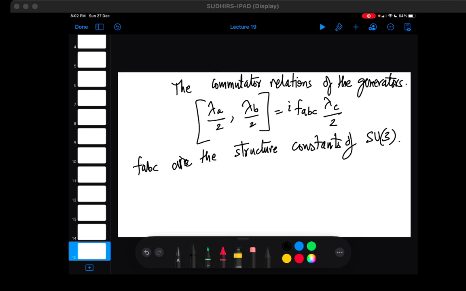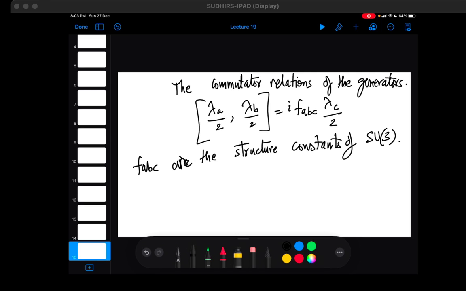Exactly like in the SU2 case, any continuous unitary group would have the same form of the commutation relationships, where the constants would differ with the number of generators, for each group, like I mentioned in the previous lecture.